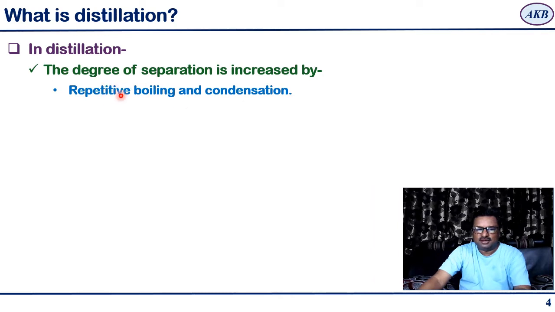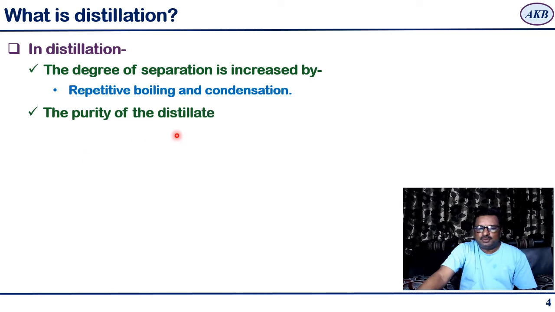So if you cause repetitive boiling and repetitive condensation, you can increase the degree of separation. More and more low boiling components will go into the distillate, and more high boiling components will go into the bottom product. And for that, we need to carry out repetitive boiling and condensation.